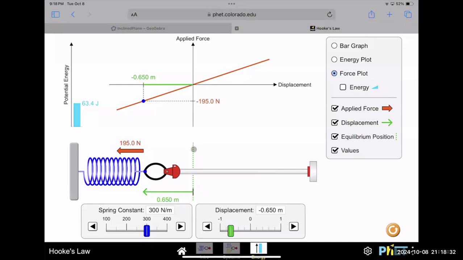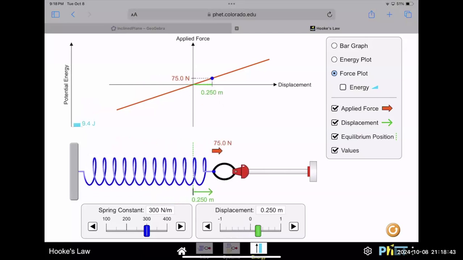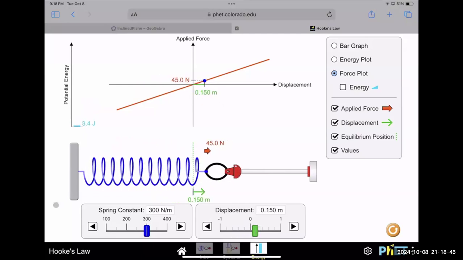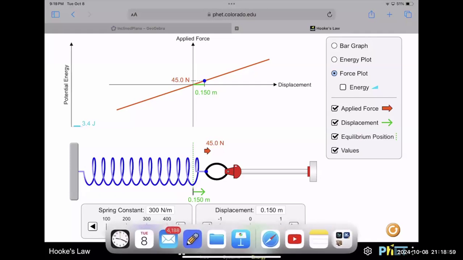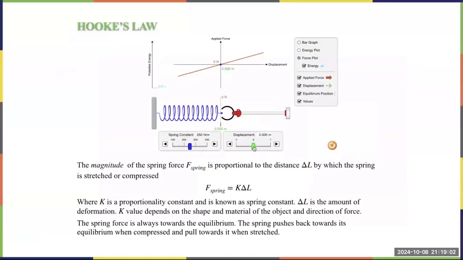Because this is my equilibrium, the force due to spring will always be towards the equilibrium. Even if I pull a small distance here, my applied force is in this direction, and my force from the spring will again be towards the equilibrium. Okay? Make sense?